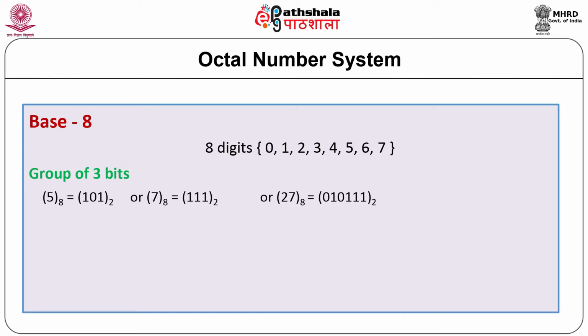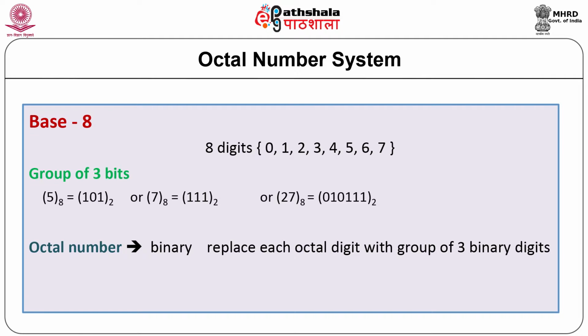For example, 5 in octal can be represented as 101 in binary, 7 in octal can be represented as 111 in binary, or maybe 27 can be represented as 010 111 in binary. An octal number can easily be converted to binary by replacing each octal digit with the corresponding group of 3 binary digits.